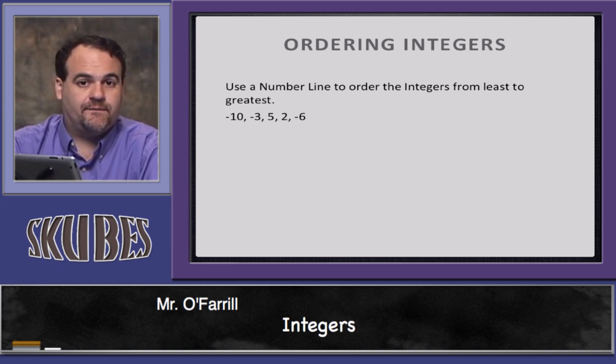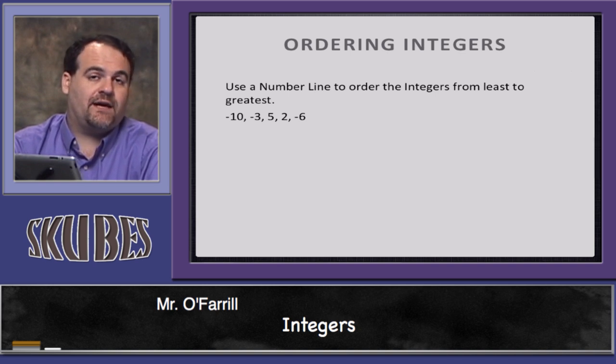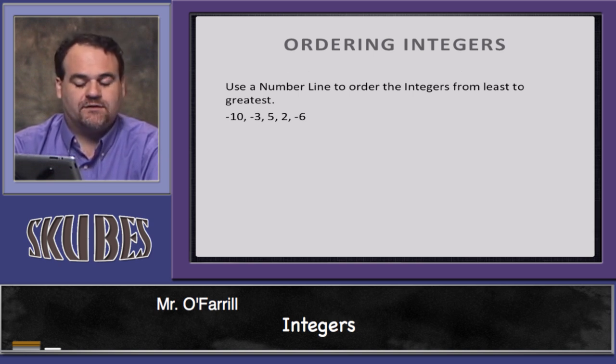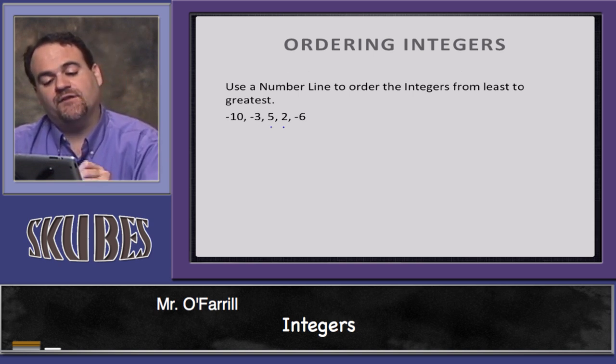So keeping that in mind, what if we have a list of numbers and we need to put them in order on a number line? Now, what I like to do is to go ahead and determine where they're going to need to be first before we do anything else. Like we have the numbers 5 and 2.